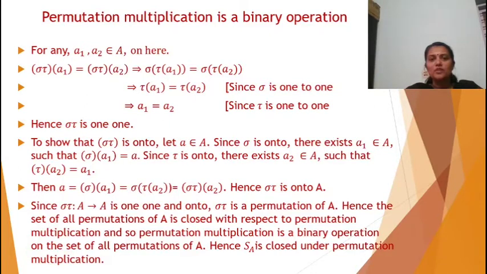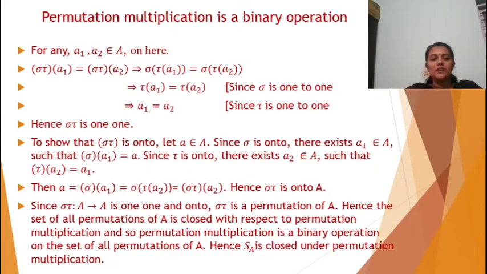Now we show that it's onto. For that let us take any element A from A. Then since sigma is onto, it has a pre-image. Since both functions are from A to A, there exists A1, an element of A, such that sigma of A1 is equal to A. Now tau is also onto, so there exists A2, an element of A, such that tau of A2 is equal to A1.